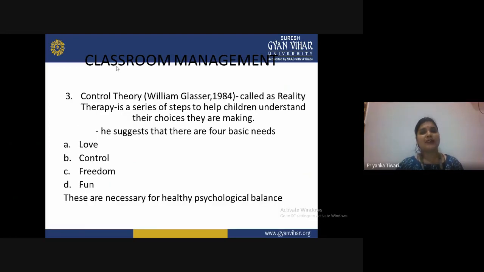Classroom management: control theory, called reality therapy, is a series of steps to help children understand the choices they are making. He suggests that there are four basic needs: love, control, freedom, and fun. These are necessary for healthy psychological balance.